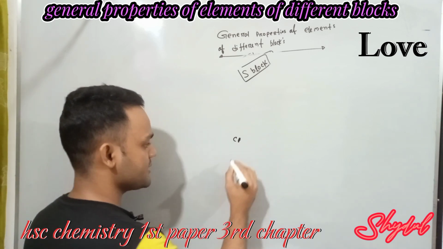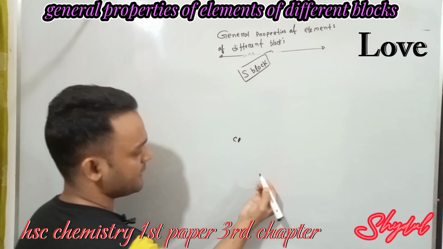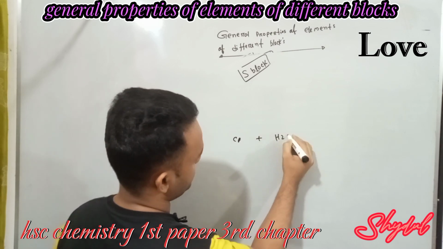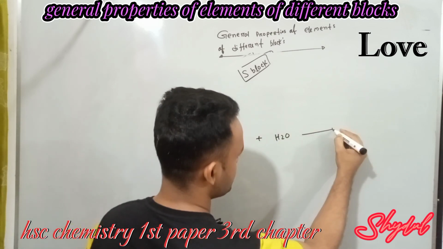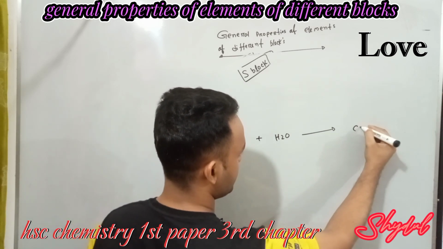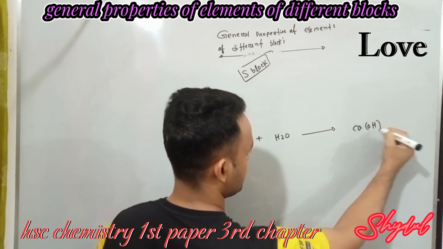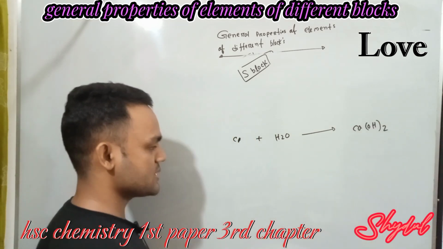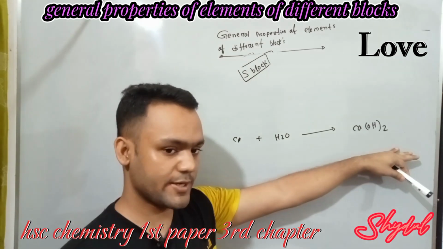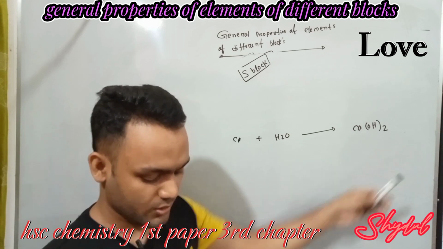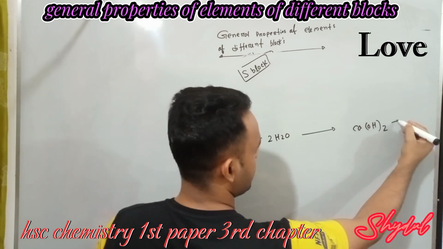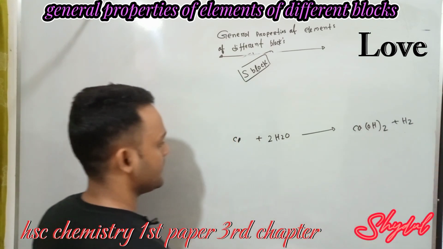Calcium, an alkaline earth metal, reacts with water and creates calcium hydroxide. Similarly, we equalize the number of atoms on both sides, and hydrogen is produced.